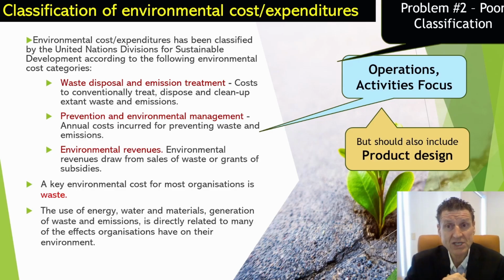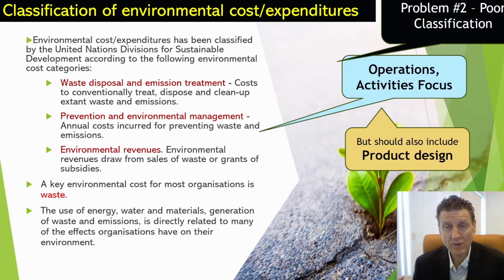The use of energy, water and materials, generation of waste and emissions is directly related to many of the effects organizations have on the environment. So you've got to understand that the organization doesn't just produce waste. The organization makes products, provides services, and then in the process of these value creating activities, it creates waste. So a byproduct of making the product is waste.